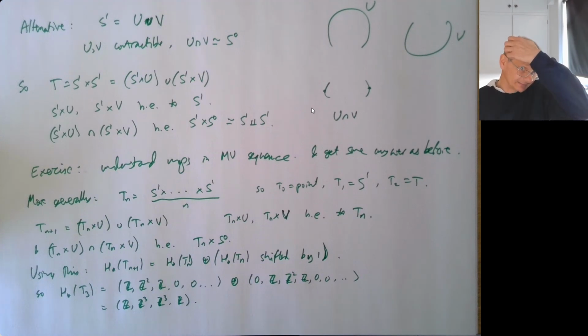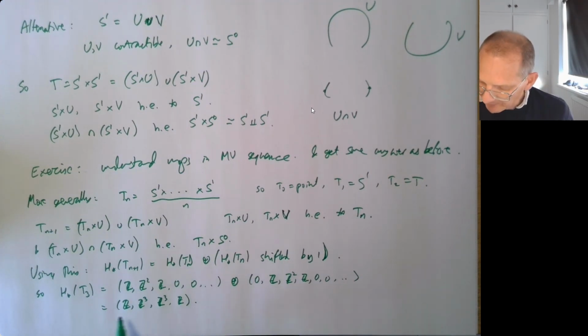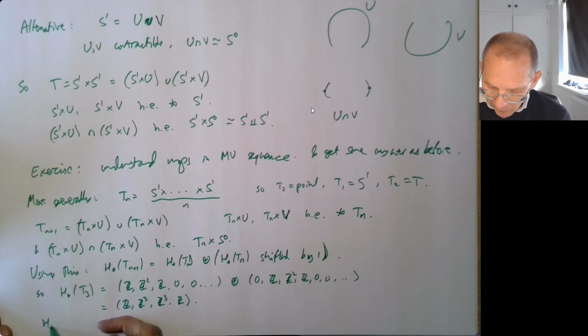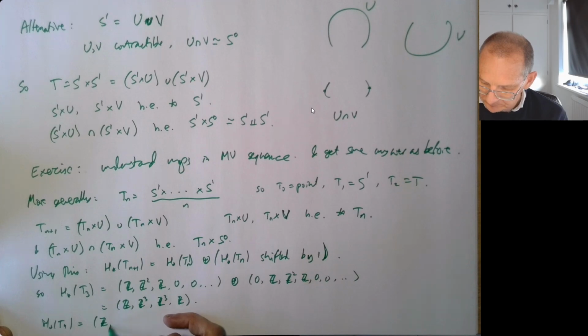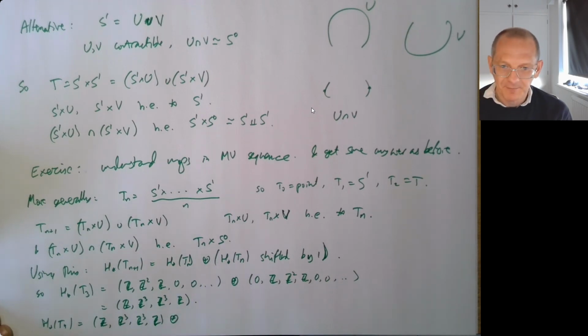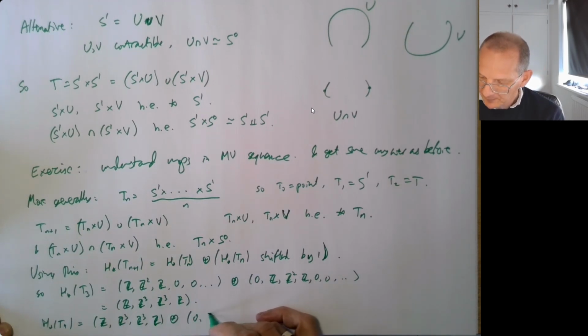And so you get this thing with Z cubed, Z, and then the homology of T4, you get the same thing plus the same thing shifted.